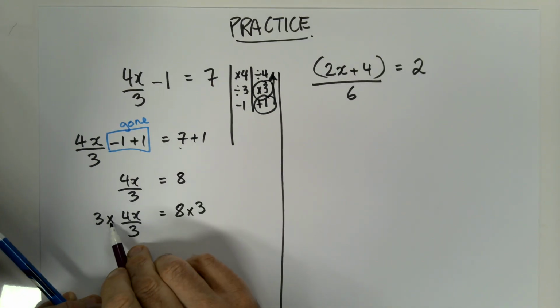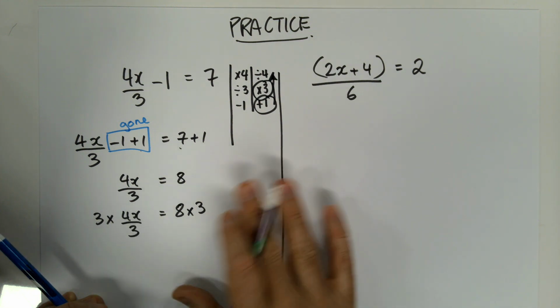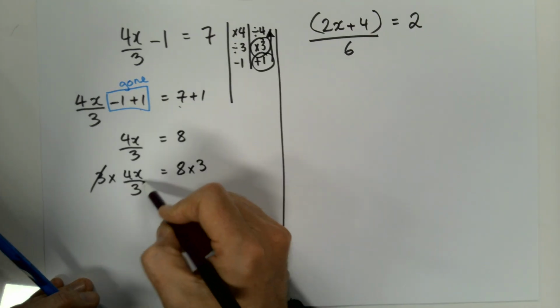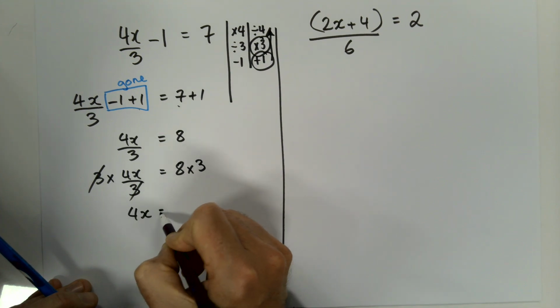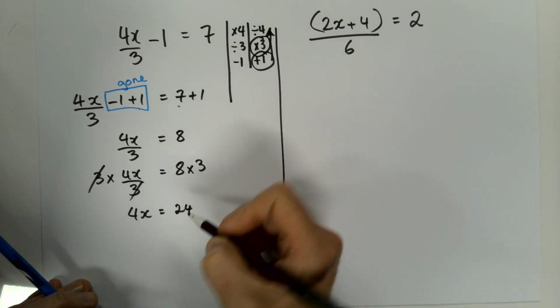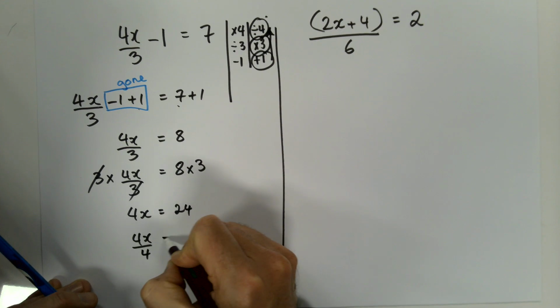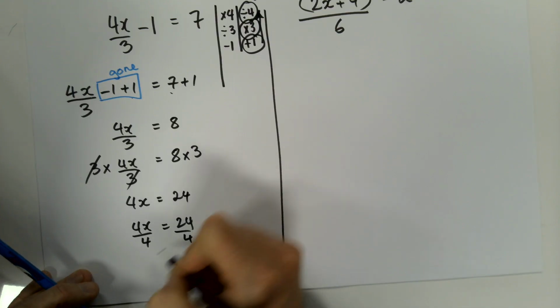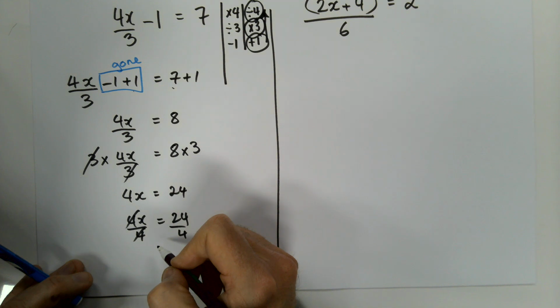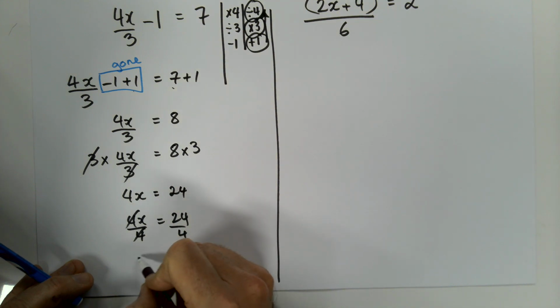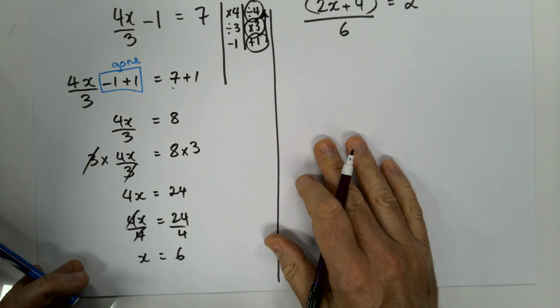By the way, that's why we often don't use multiply signs, because it looks very similar to an x. Cancel, cancel. 4x equals 24. Now I divide by 4. Cancel, cancel. And that's x equals 6.